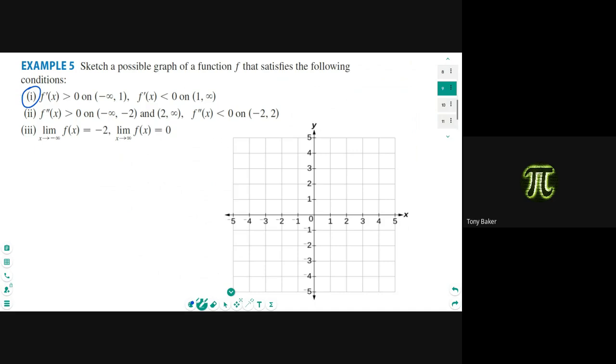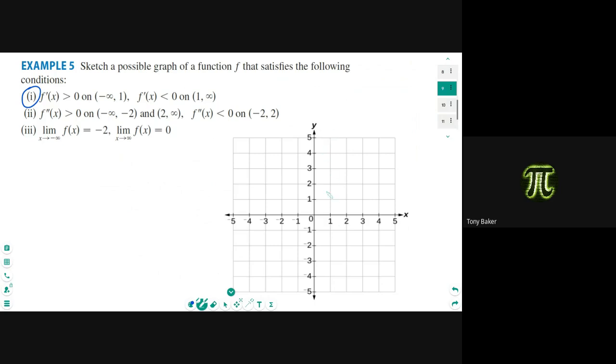So it tells me my first derivative is greater than 0 from negative infinity to 1, and less than 0 from 1 to infinity. So what piece of information does that give me? It's a maximum of what?